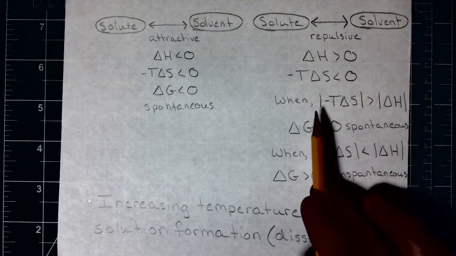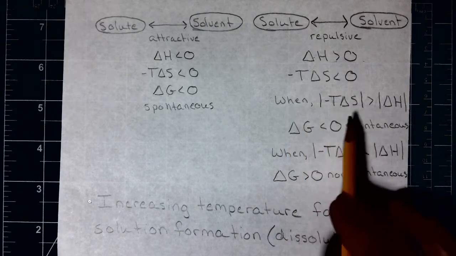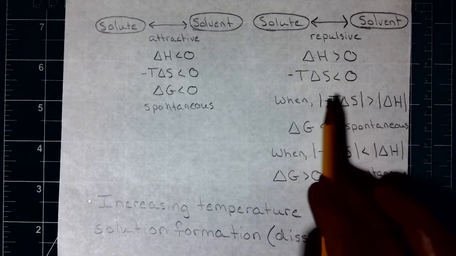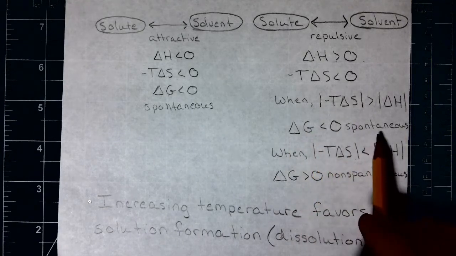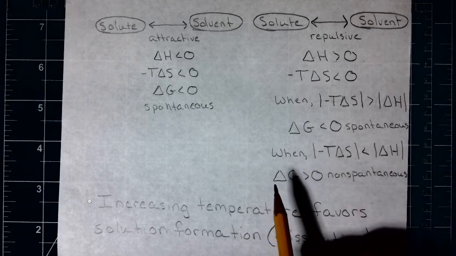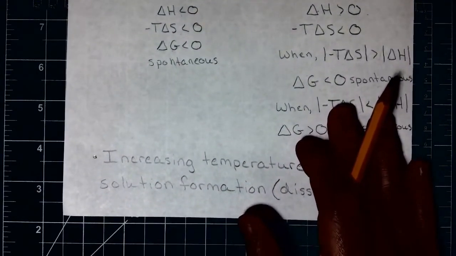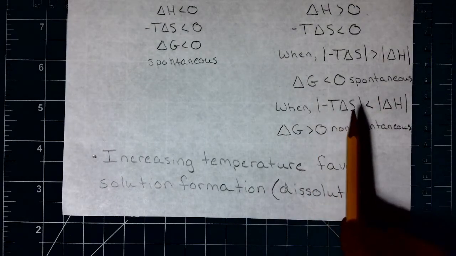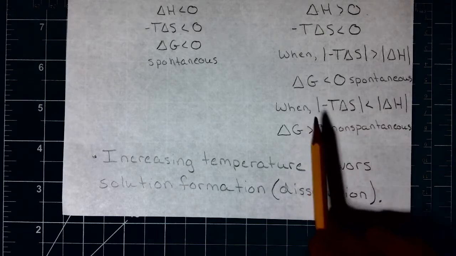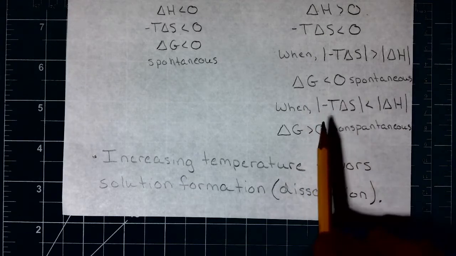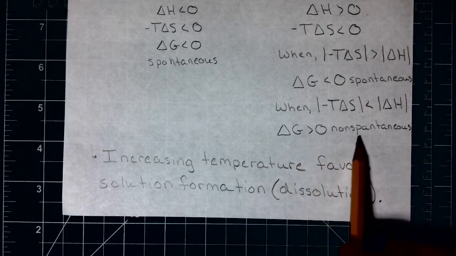If it's not repulsive enough to overcome the negative T delta S term, then delta G is still negative, and we still have a formation of a solution. However, should the repulsion be so strong that it overcomes the entropy term, then delta G becomes positive and a solution does not form.